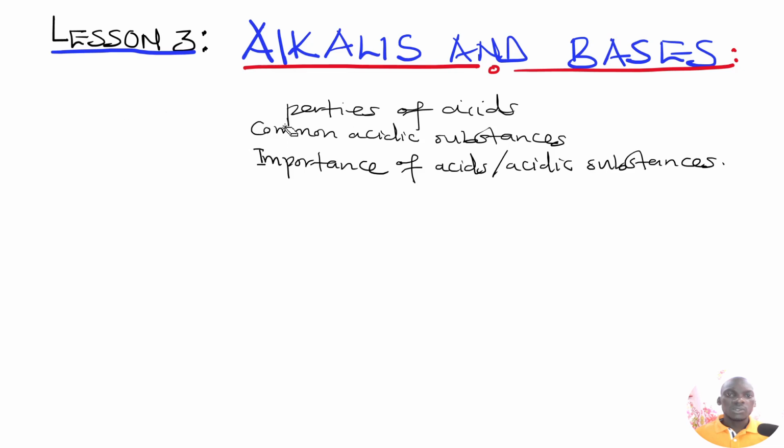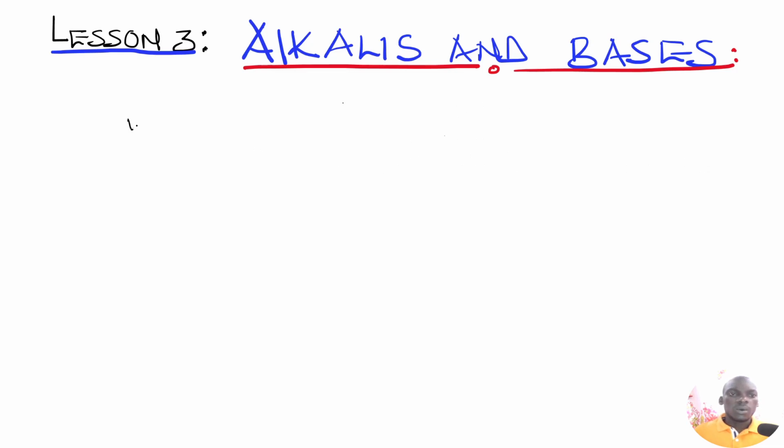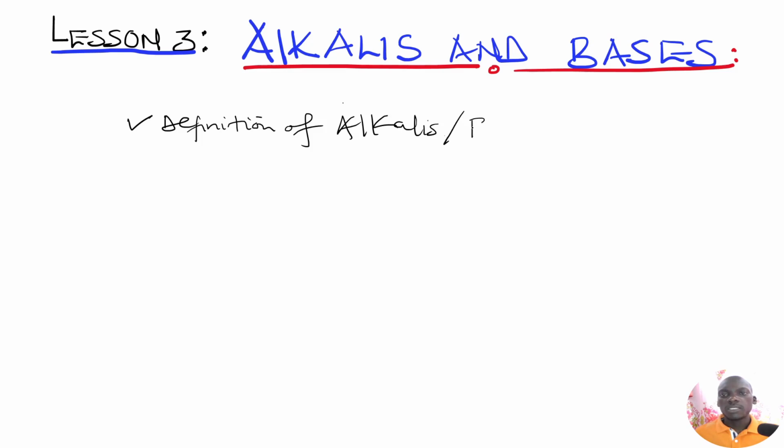So in today's lesson we are going to talk about alkalis and bases. We are going to look at, one, the definition of alkalis or bases, so we get to know what a base is or what an alkali is.